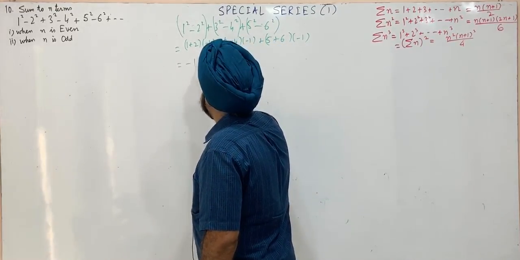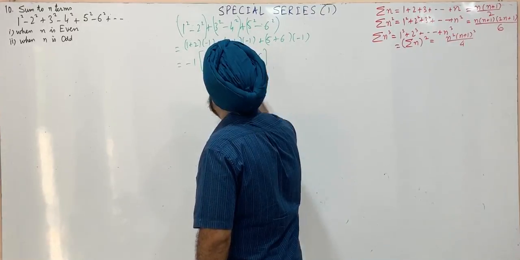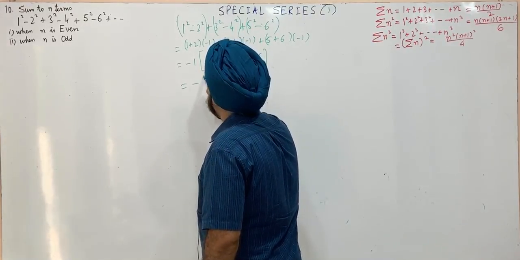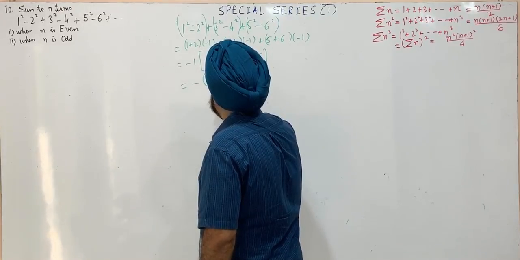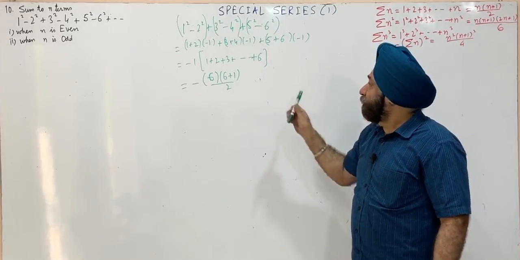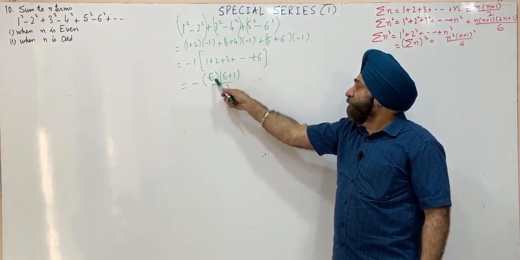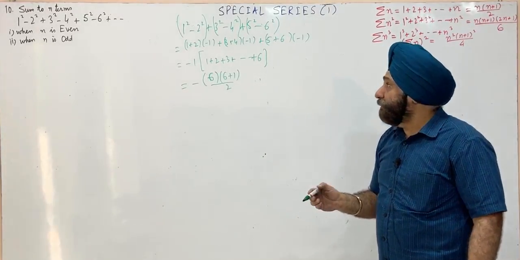I take minus 1 common, it's 1 plus 2 plus 3 up to 6. This can be written as minus 6 into 6 plus 1 by 2. This is sigma n when n is 6, n into n plus 1 by 2, and the minus sign is already there.